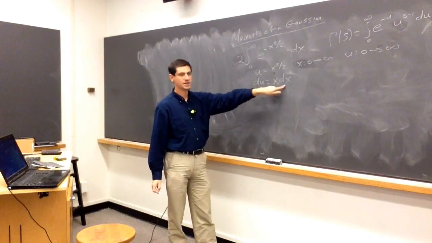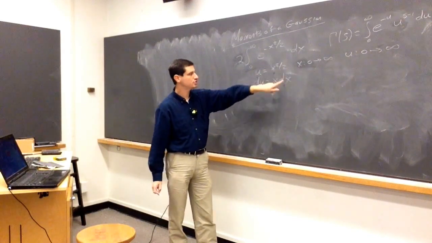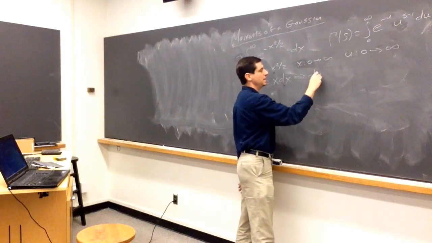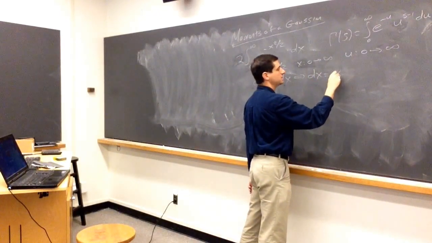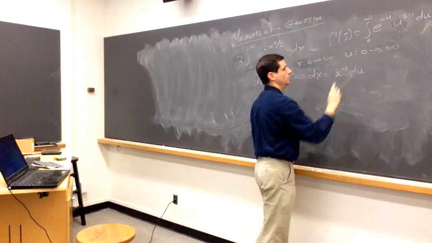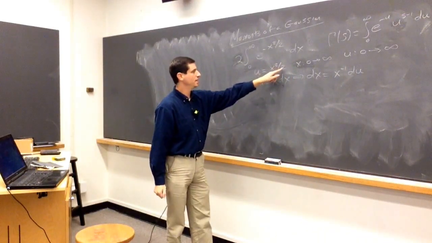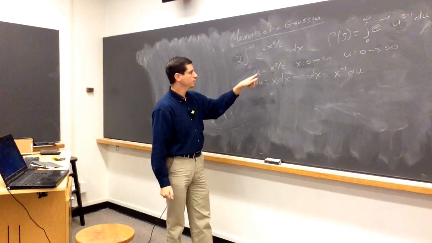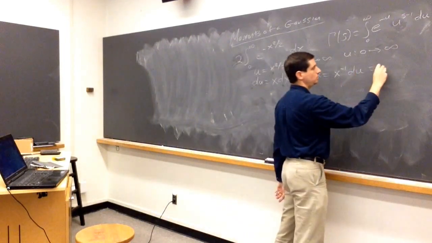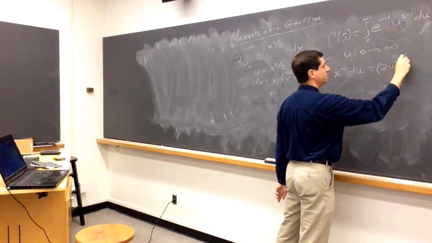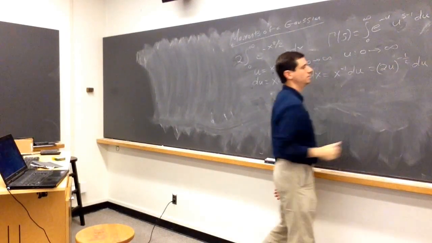All right, du equals x dx. We have a dx, so let's solve for dx in terms of du. This is the same as dx is equal to x to the negative 1 du. Well, if x squared over 2 equals u, then 2u equals x squared. So this is going to equal 2u to the minus 1/2 du.